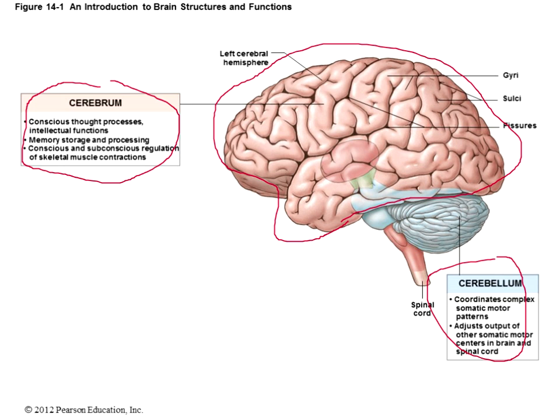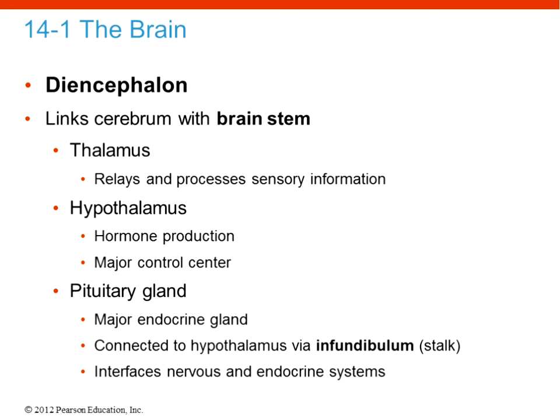Cerebellum, which sits right beneath it, which is this guy, is more regulating and adjusting output of somatic input, motor patterns, fluidity of movement, things like that. So those are the 2 larger portions, cerebrum and cerebellum, and then as you can see, housed underneath that really is the brain stem, and then the diencephalon sits on top of the brain stem.